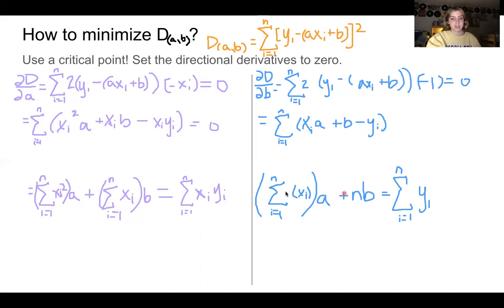So it seems like we can pretty easily use these equations, even easier than this, to figure out what a and b will be for our specific data points in any given situation. And actually here we just get a 2 by 2 linear system, and we can just solve for a and b. So now let's try an example.